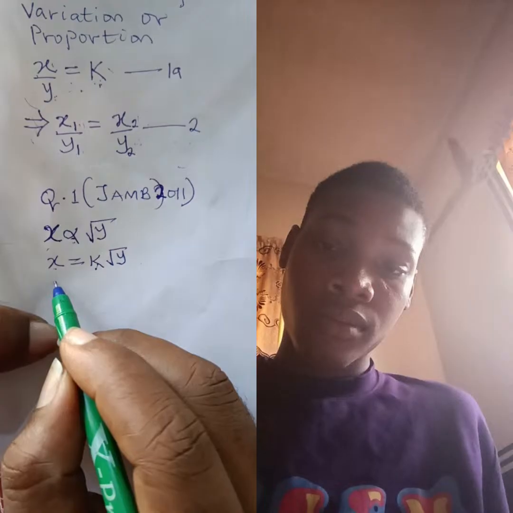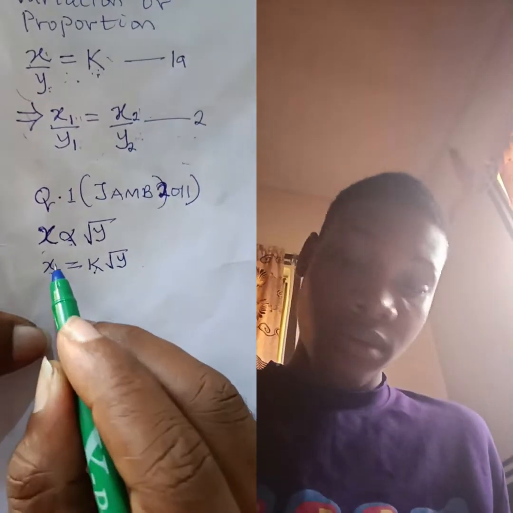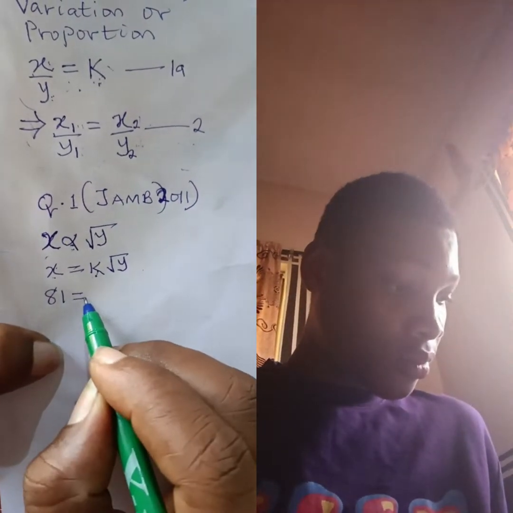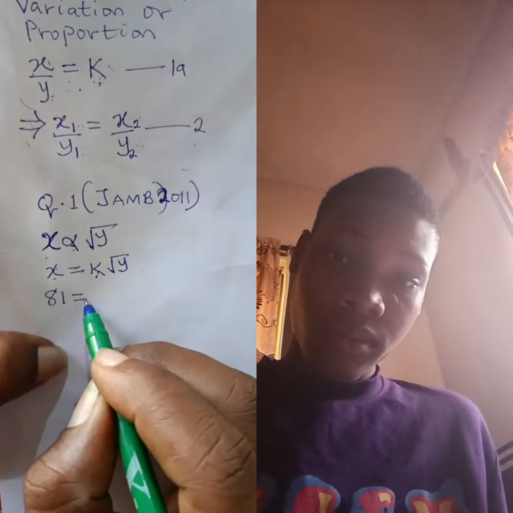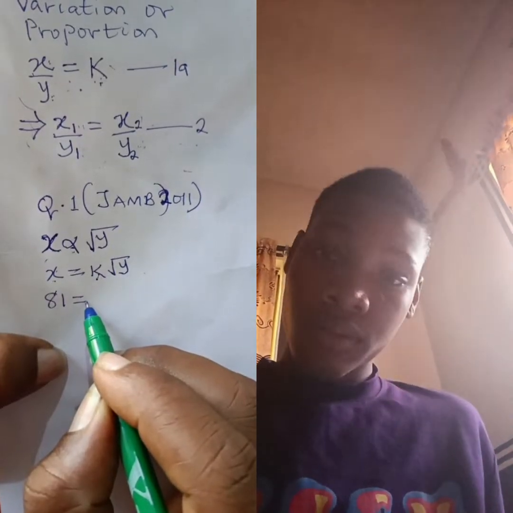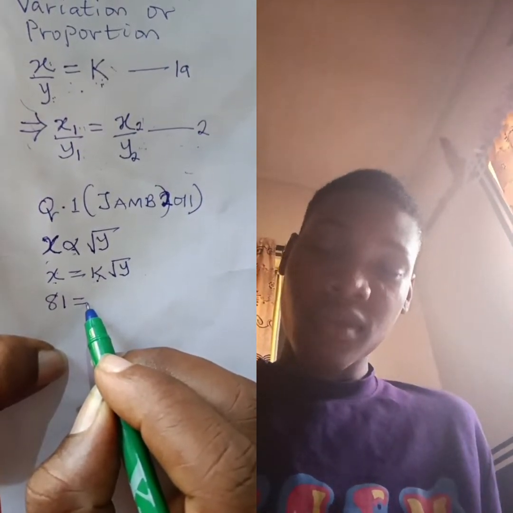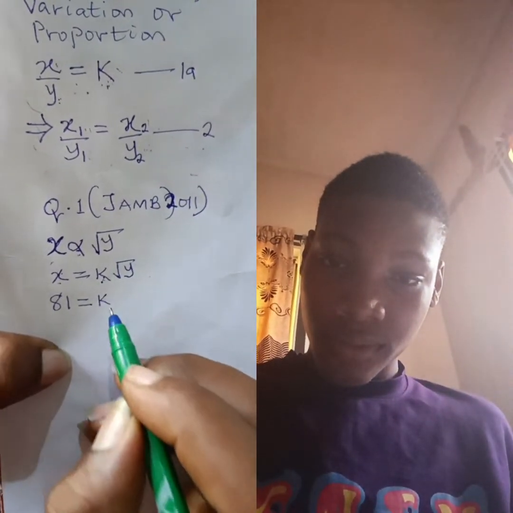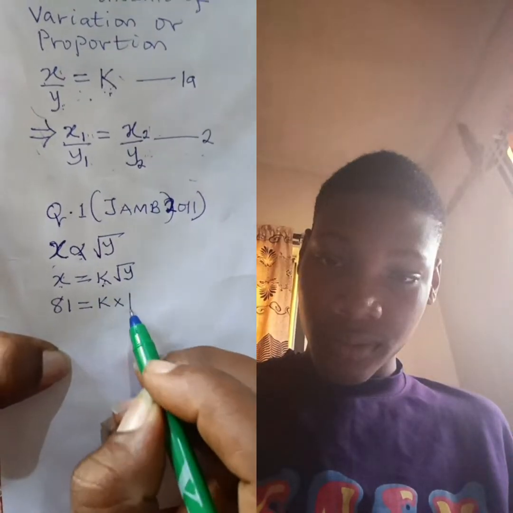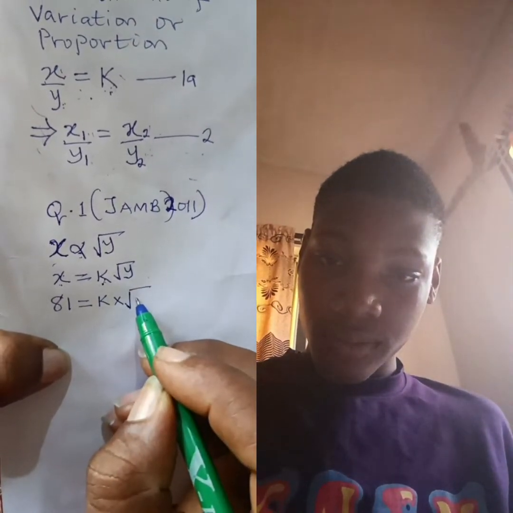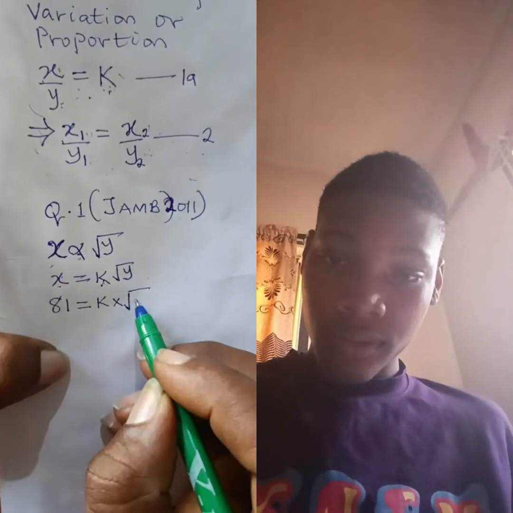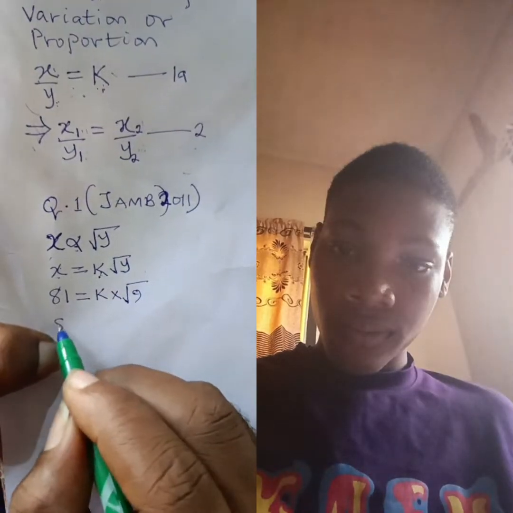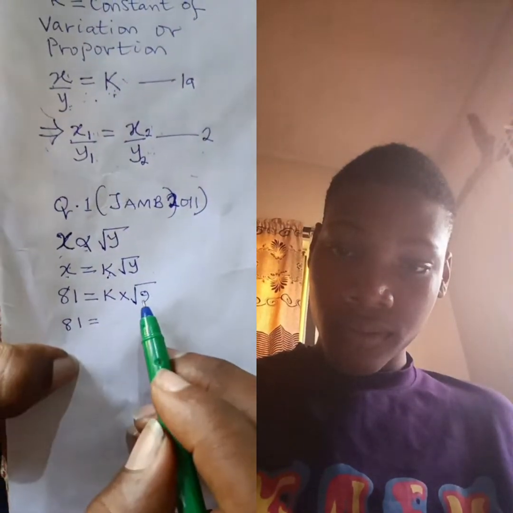So this will be 81 equal to k, the value you don't know, you maintain it, times square root of, what is the value of y given in the question under this condition? 9. Fix 9 there. So your 81 will now be equal to, square root of 9 is what?